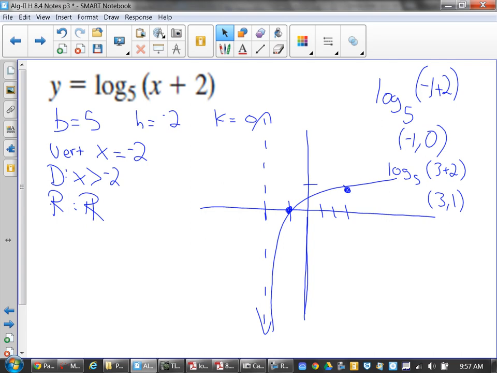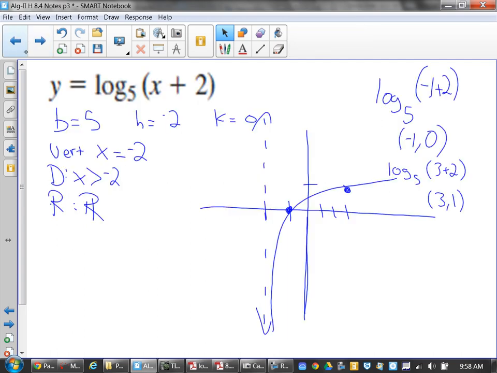It would go this direction if it was between 0 and 1. Those are the only 2 scenarios we're going to have, because you're bounded by a vertical asymptote. So it's either going to be going down that way or up that way.